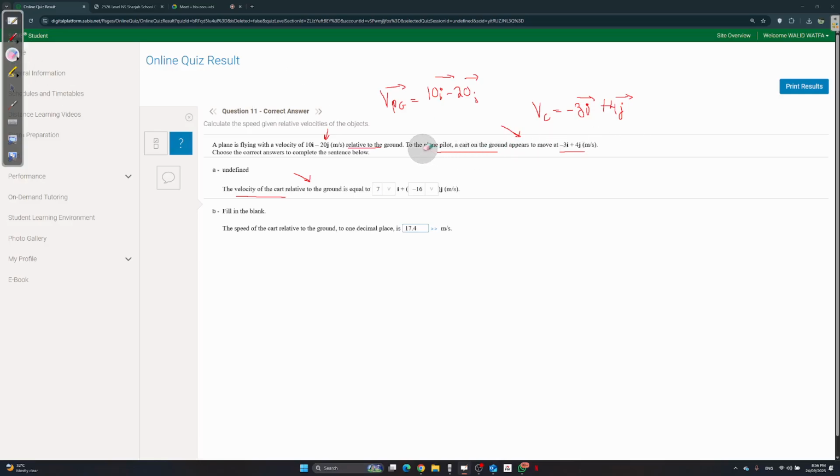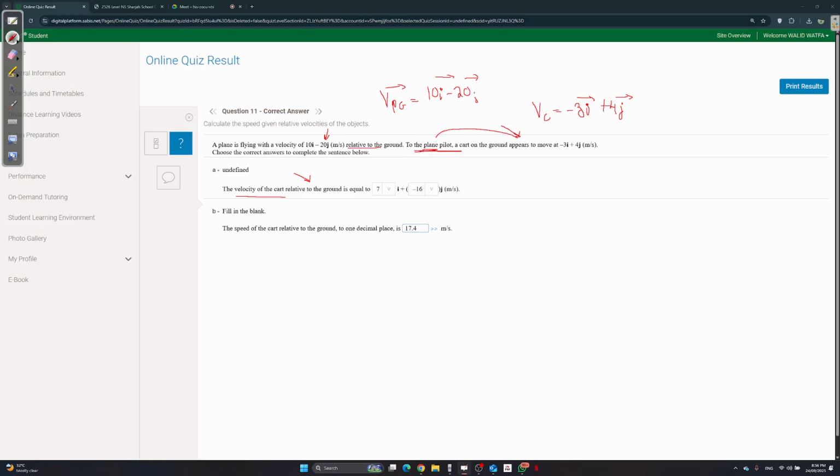If you realize, they said to the plane pilot, the cart appears to move at this. So is this cart moving relative to the ground or relative to the plane? Relative to the plane pilot.